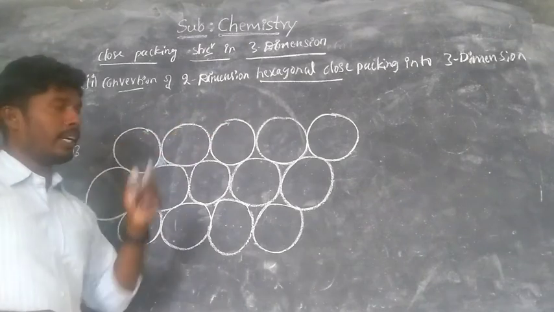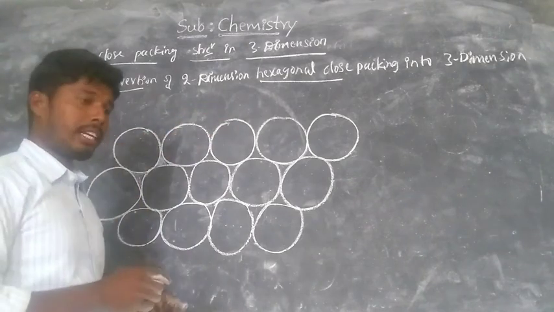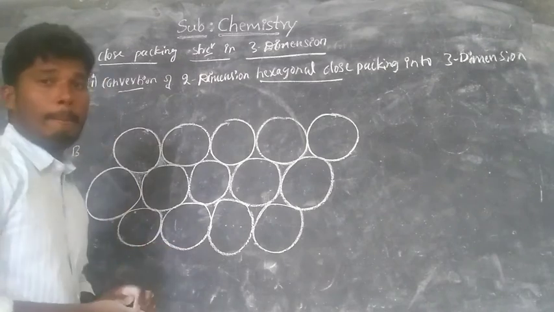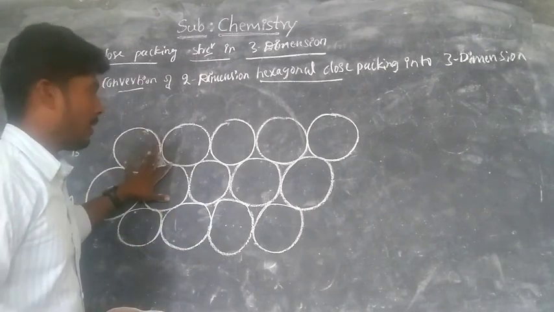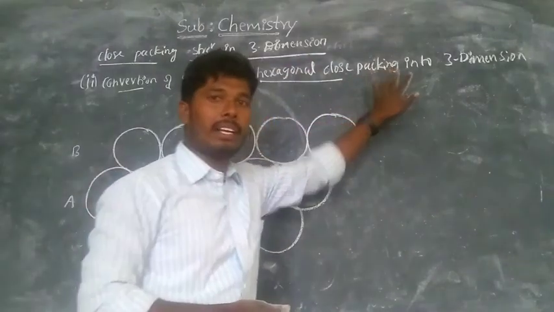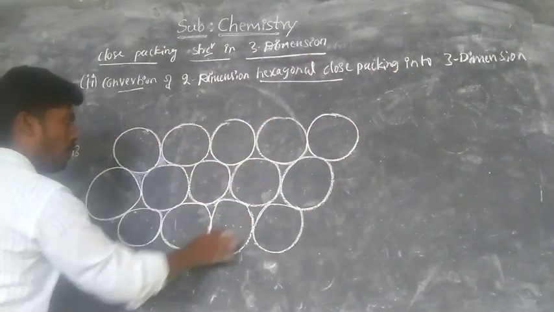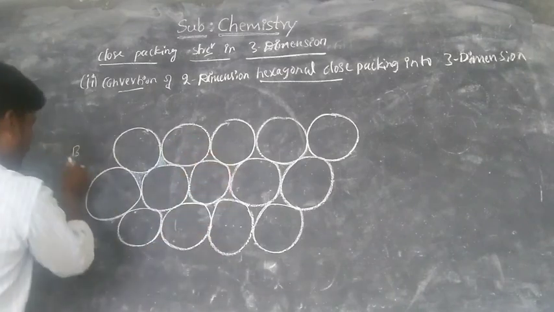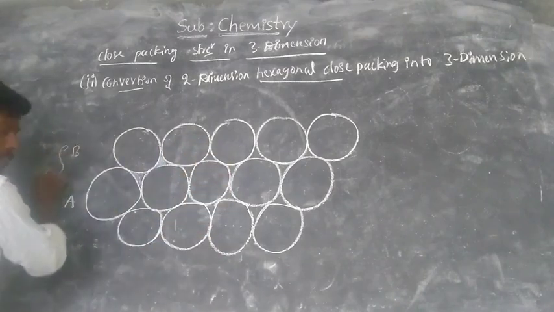Now it is converted into three-dimensional. In this conversion to three-dimensional, the second layer of hexagonal closed packing is like layer 1. This is layer 1.